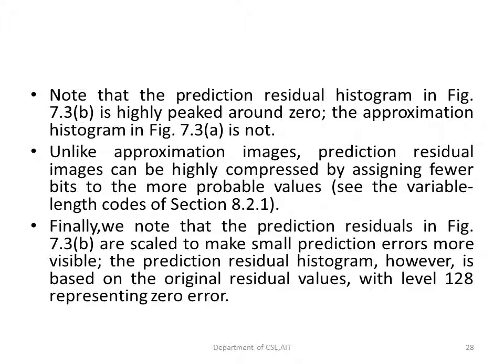What we use very frequently, for that we give fewer bits. And finally we note that the prediction residuals in figure B are scaled to make small prediction errors more visible. The prediction residual histogram is based on the original residual values, with level 128 representing the 0 error.